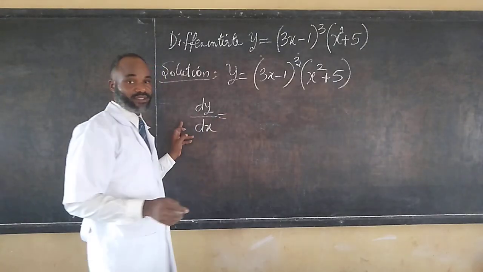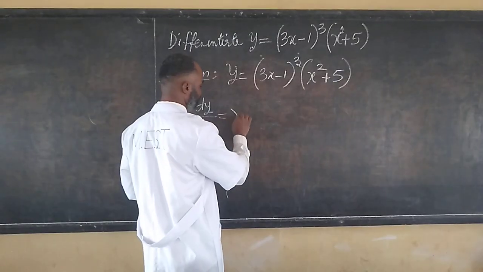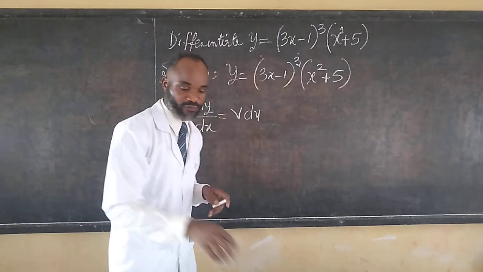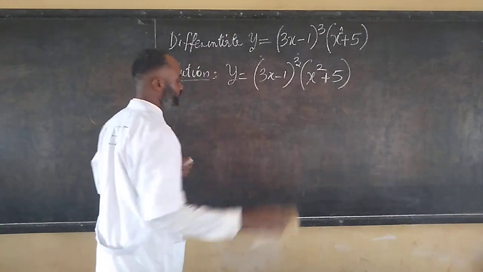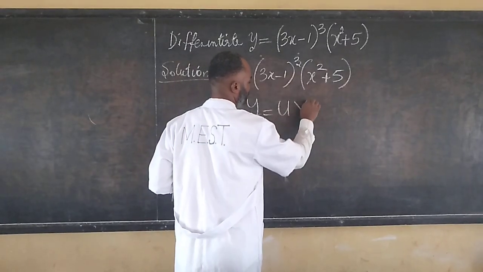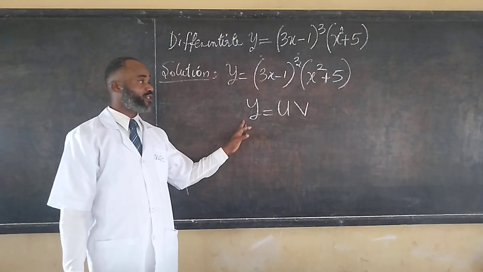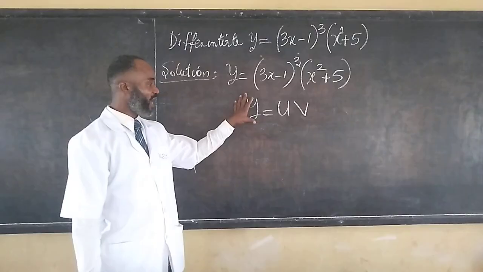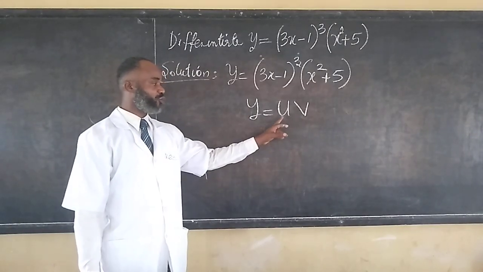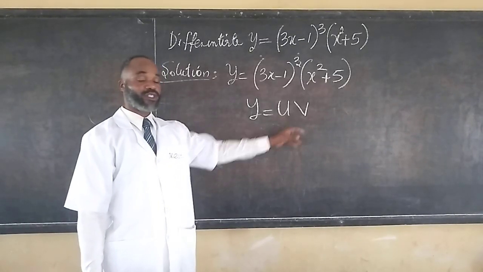And in doing this, we need to keep v and differentiate u. Of course, we should first of all identify our product function, and that product function is given as y equals uv. If we're going to differentiate this with respect to x, we need to keep v first and differentiate u with respect to x, and then keep u and differentiate v with respect to x.